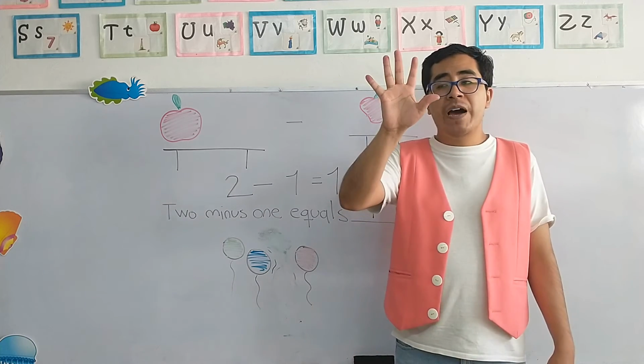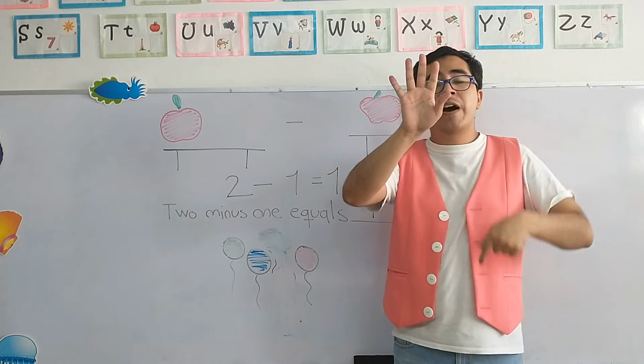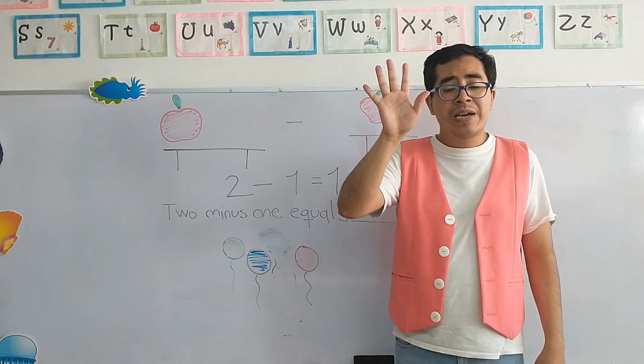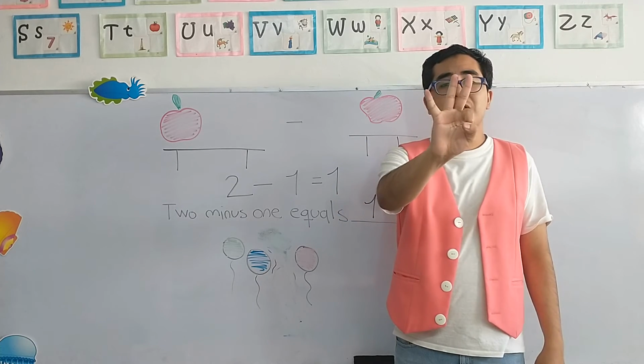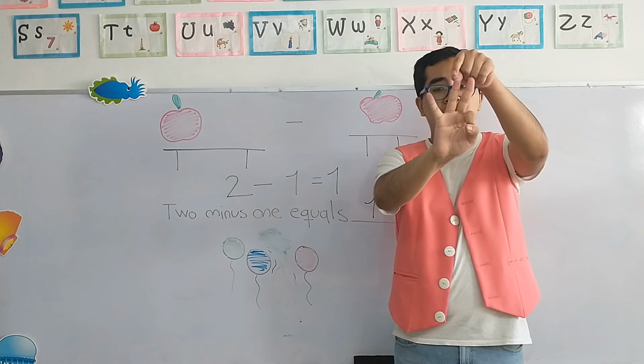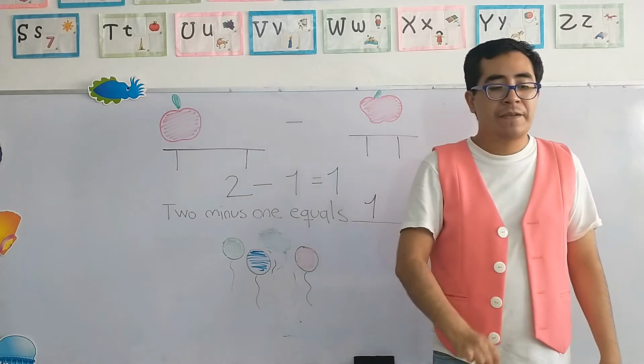Now once again, let's use our fingers to solve this subtraction. We have 5 balloons. 1, 2, 3, 4, 5. And we remove 2. Quitamos 2. 1 and 2. What's the result? 1, 2, 3. The result, number 3.